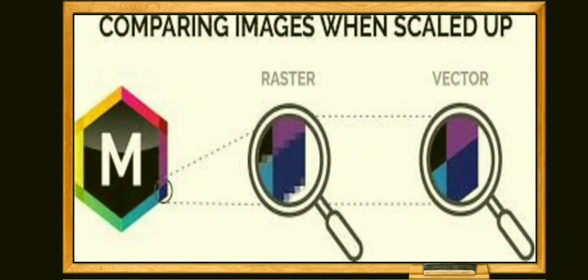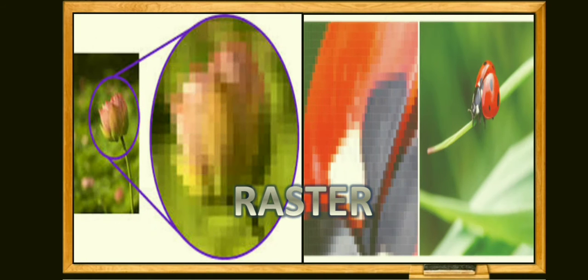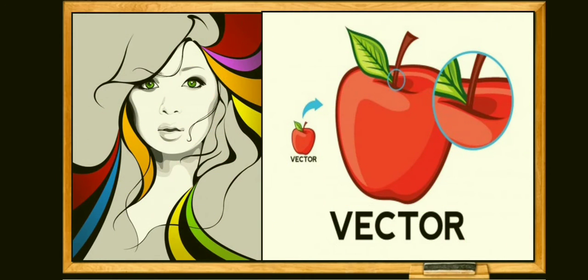So if we compare the images scaled up, raster and vector, using the image, this is the resolution from the raster. Okay, so that is an example of the flat look of a vector drawing. Another is this one.